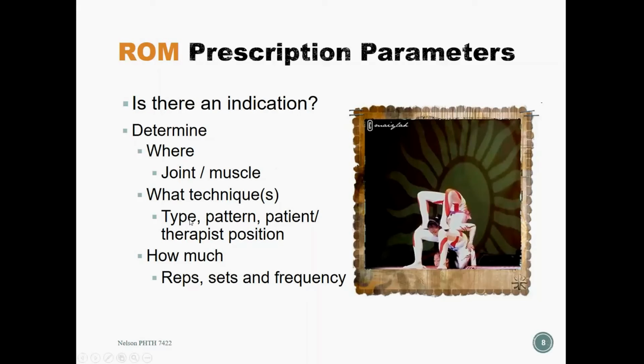So am I going to do active, active assistive, or passive? What's my pattern of movement? What am I doing? What is the patient doing? What position are we in? And then the dose, how much? So the FIT model says frequency, intensity, time, and type. So here we're doing reps, sets, frequency, because we already put the type up here.